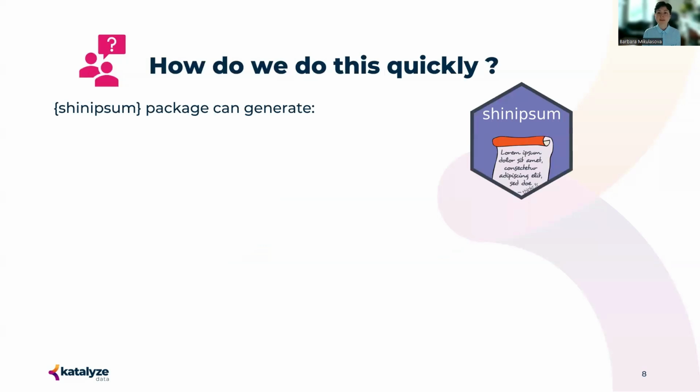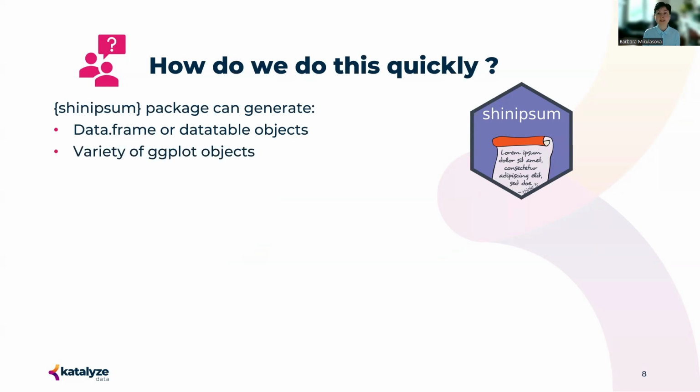The ShinyPsum package, as its name suggests, was inspired by a text placeholder, Lorem Ipsum, used in printing for typesetting. This is an R package which can be used to generate a wide range of UI elements, all the way from random data frames or data table objects, graphs, which can be ggplot or plotly objects, digraphs, blocks of texts.